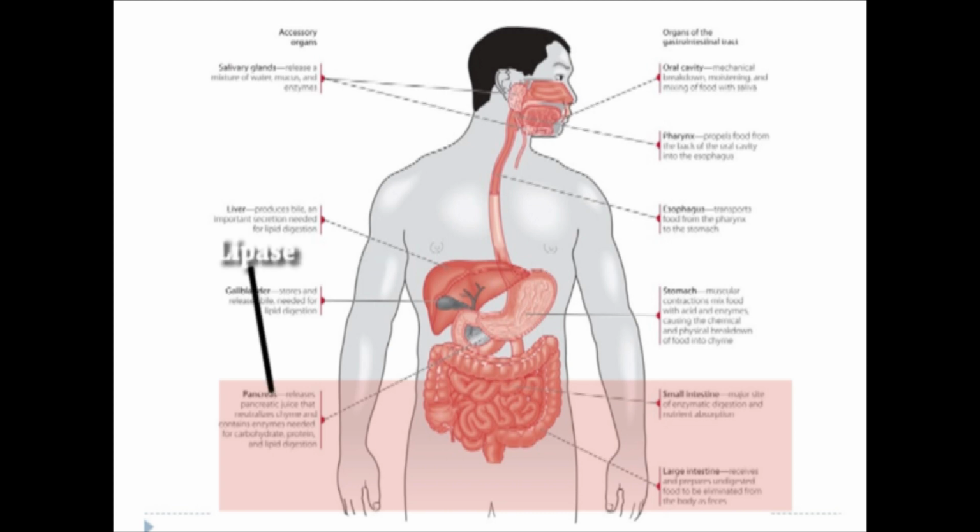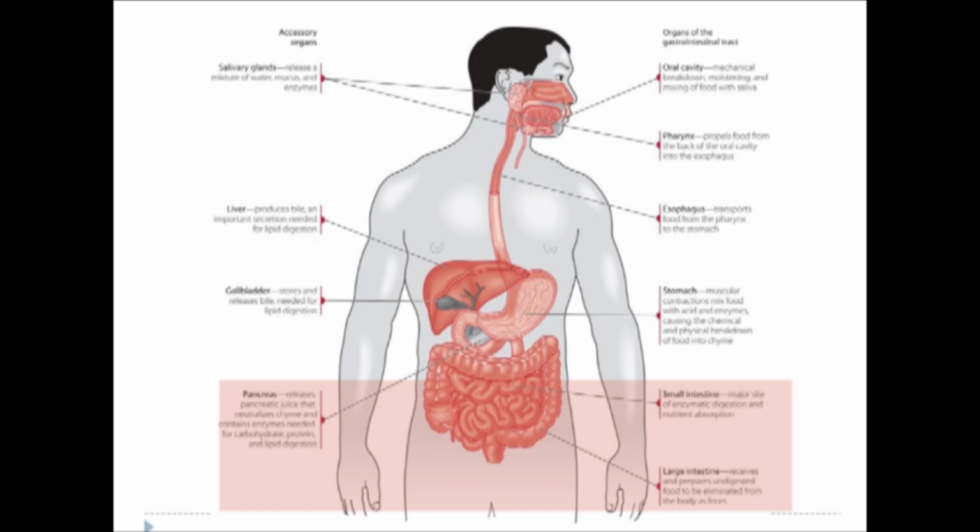Then the small intestine, consisting of the duodenum, the jejunum, and the ileum, is the place of very important enzyme digestion. And it is in the small intestine that a lot of the absorption of key nutrients takes place.